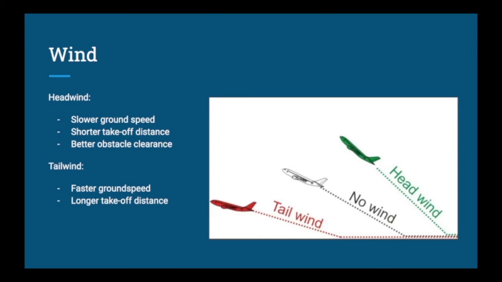If we have a headwind, you're going to have a slower ground speed and a shorter takeoff distance. You're going to have much better obstacle clearance because we have that slow ground speed, and we're climbing at the same rate, but in turn, it's going to be a shorter horizontal distance to take off.